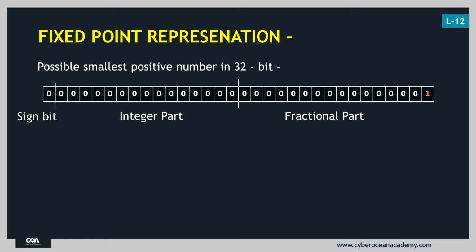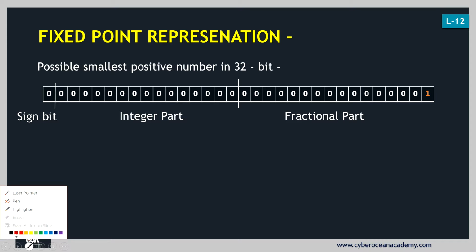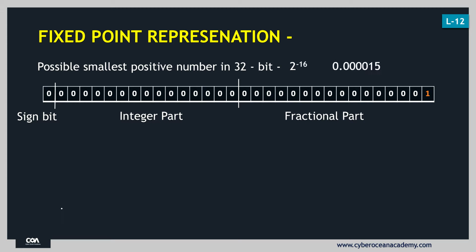Then this value becomes the smallest positive number in 32 bits, which is equivalent to 2 to the power minus 16, approximately equal to 0.000015.